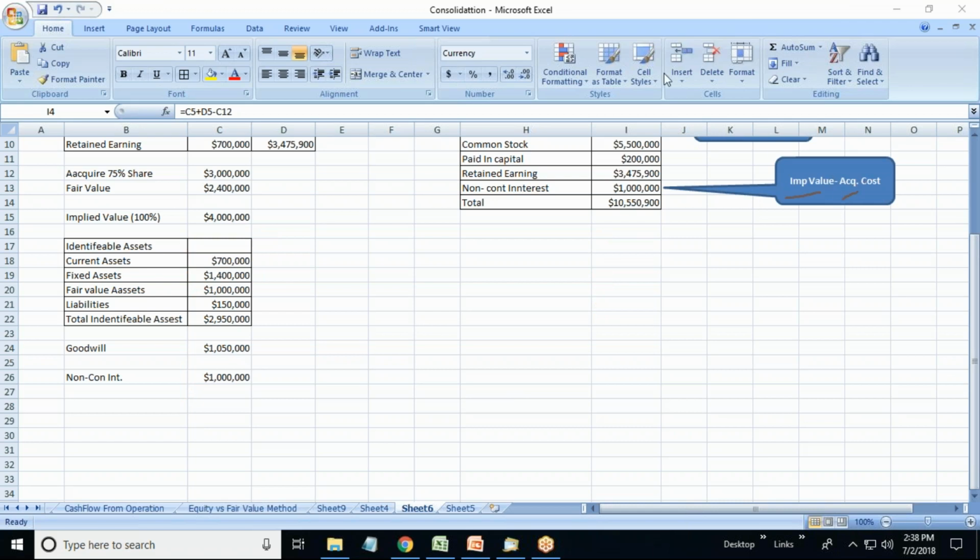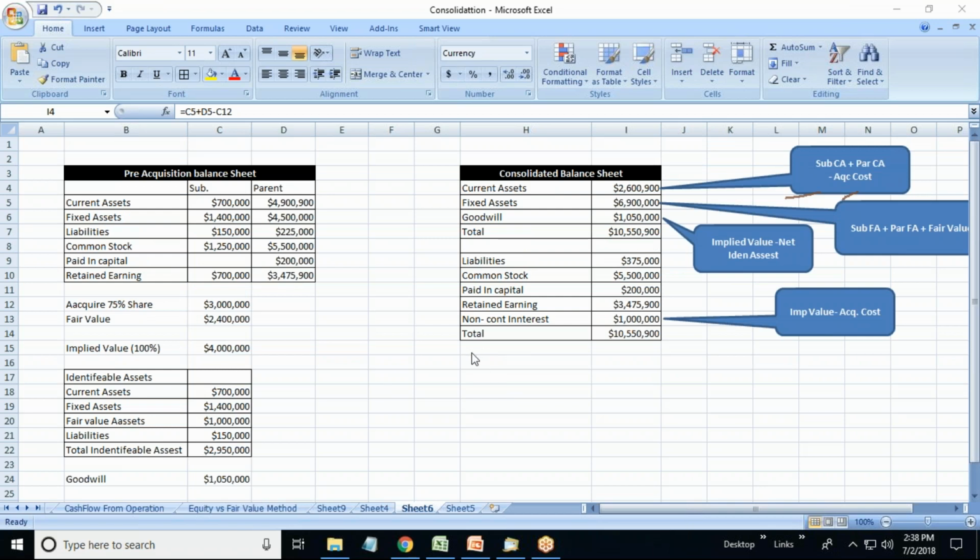Here is the answer: total assets match total liabilities plus equity. In this way we can calculate the non-controlling interest.